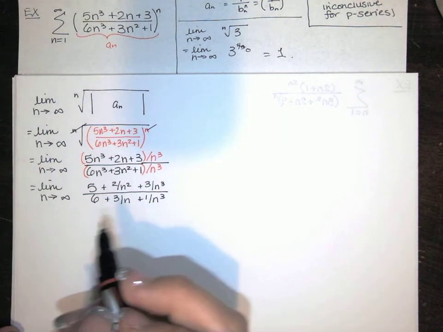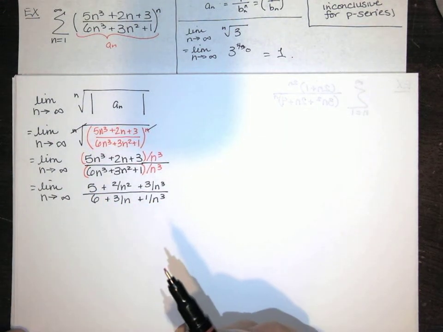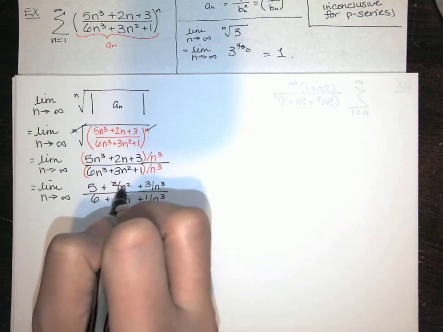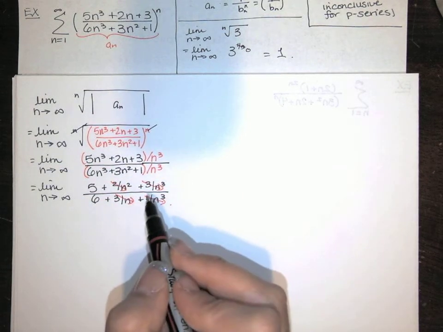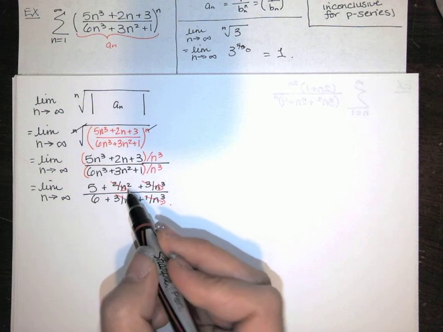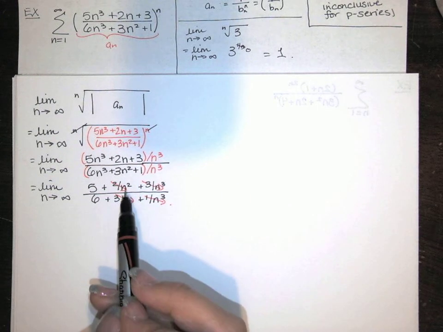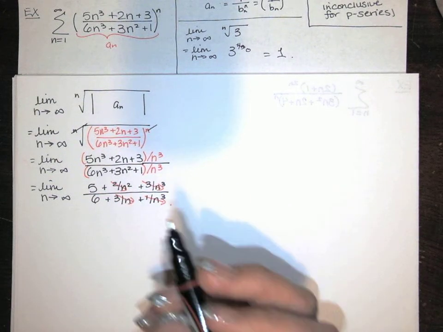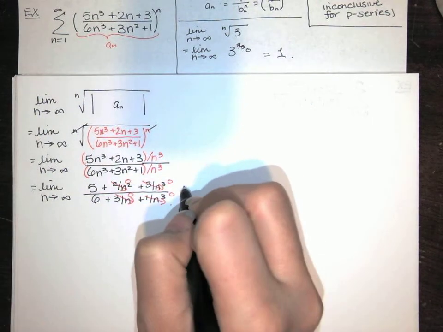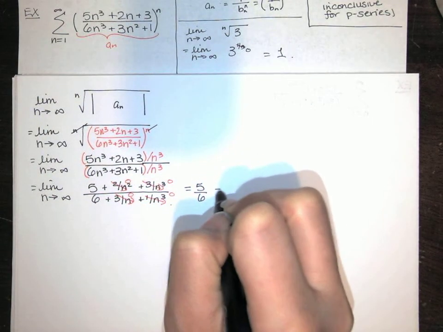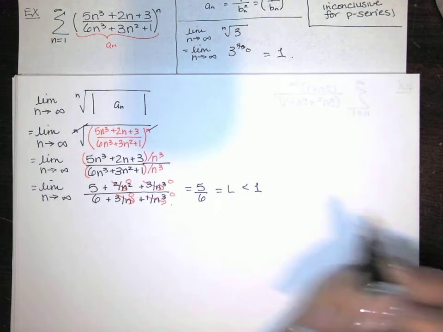As n goes to infinity, now we don't have the infinity over infinity indeterminate form anymore. This goes to 0, this goes to 0, this goes to 0, and this goes to 0 because a number over something very large is going to be very small. And as this gets larger, this gets smaller. So all of these guys go to 0, and we end up with 5 over 6. That's our limit, and that's definitely less than 1.